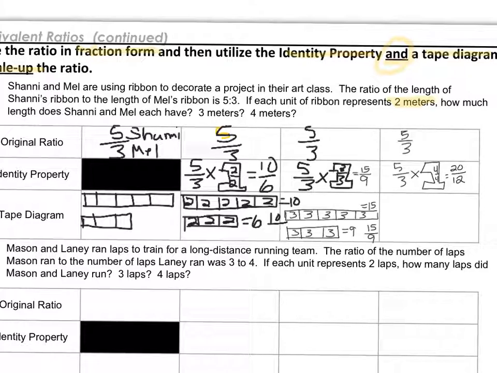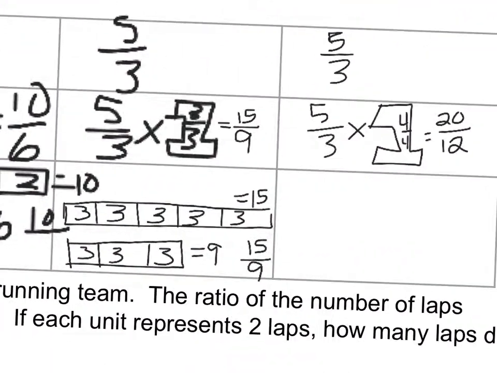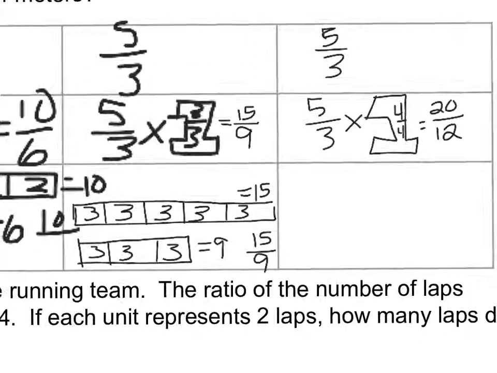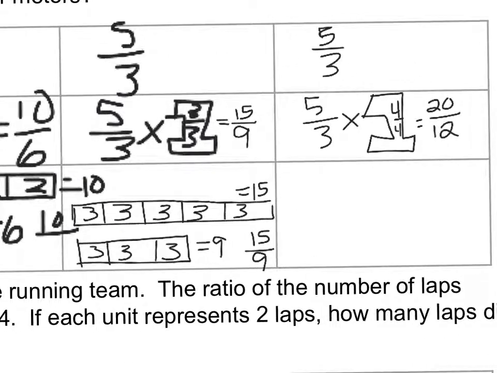If I'm going to use a tape diagram, I'm going to draw that 5 to 3 again. So I have my 5 and then 3.